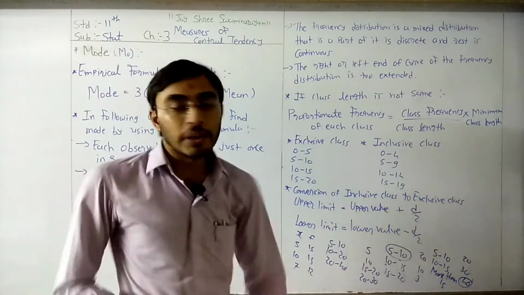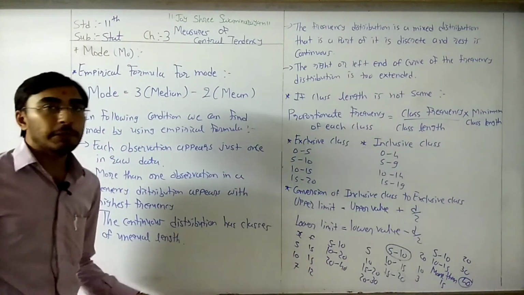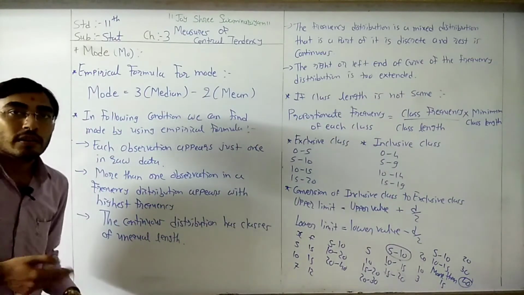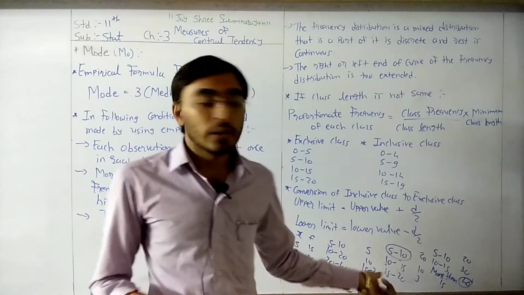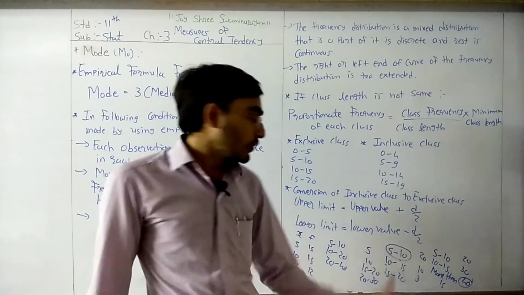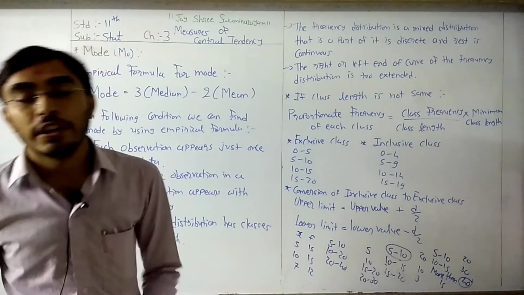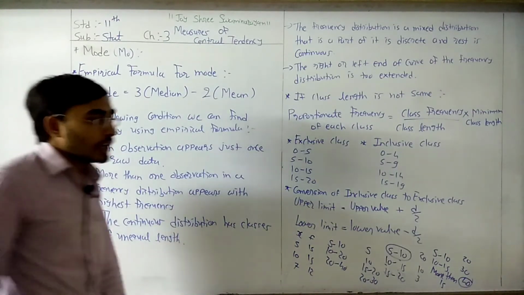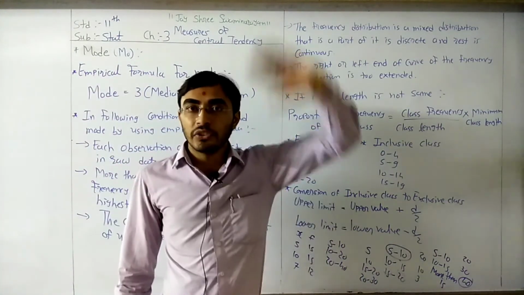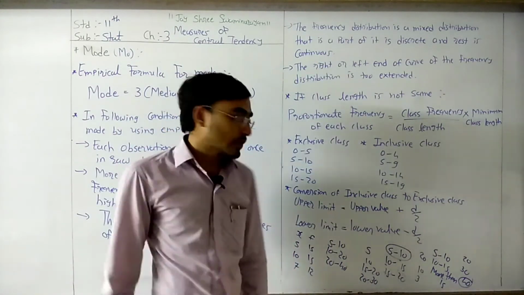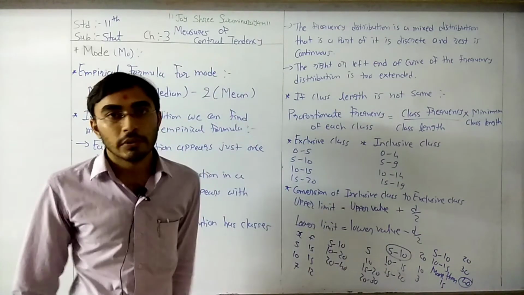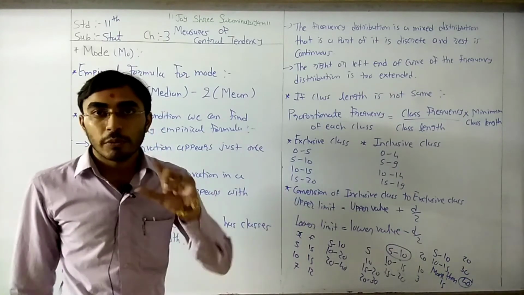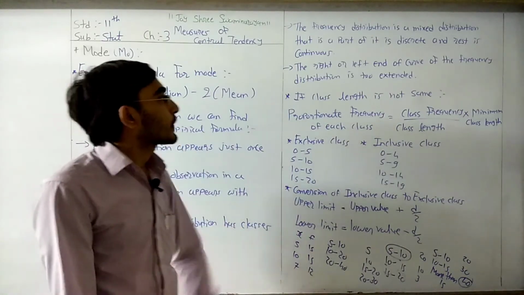It is more than 15, so there is no limit; it goes to infinity. So 15 to infinity we cannot consider as a modal class. In such a condition, we cannot find the value of the mode. That means the highest frequency is either in the first position or the last position. In such cases we face this problem, so we cannot find the mode by using our formula.